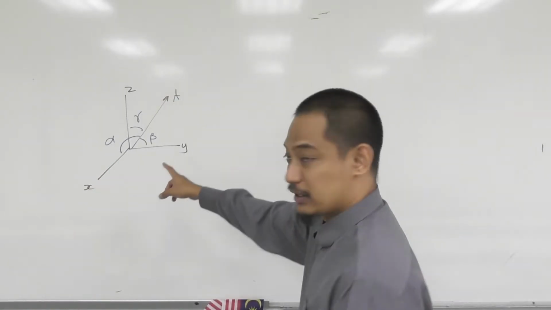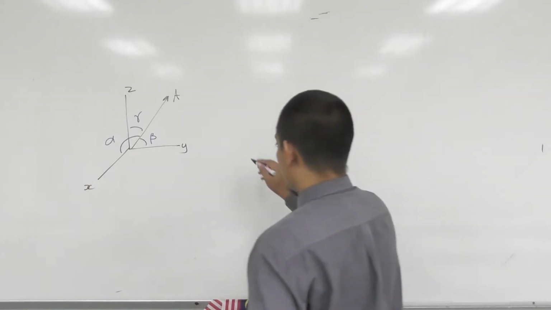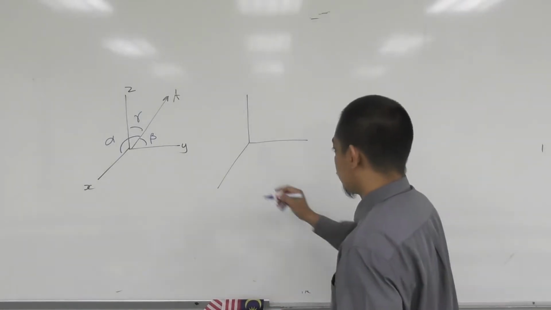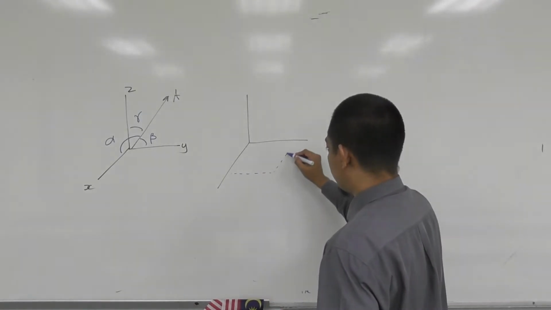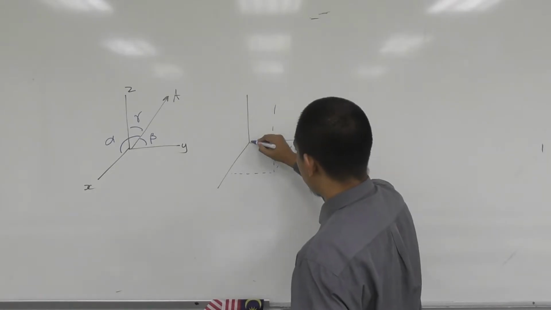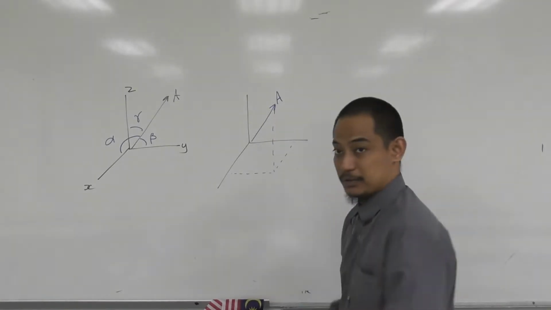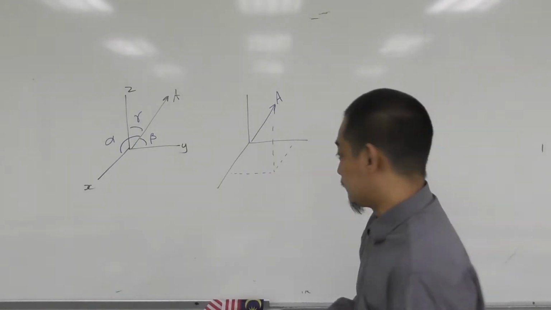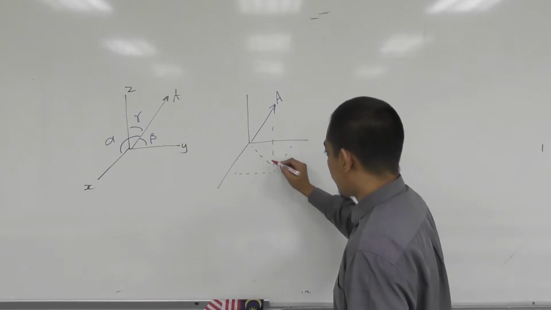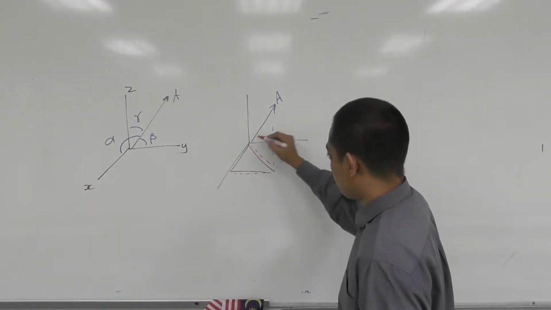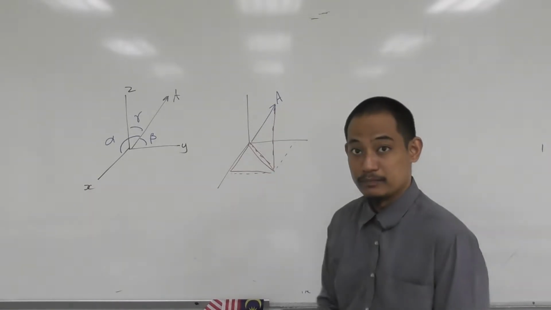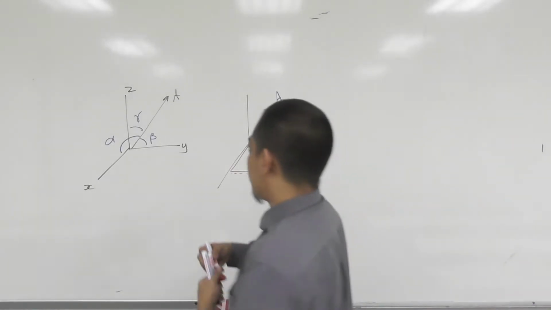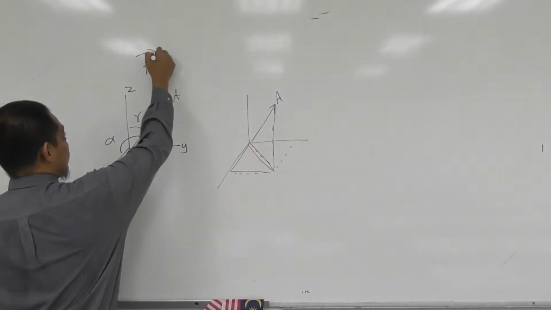Another is when you know all these parameters, and then you have this vector here, so we deal with this using two triangles, this one triangle here and this another triangle here. We have done this so far. So these are two ways to get what A is in Cartesian vector form.